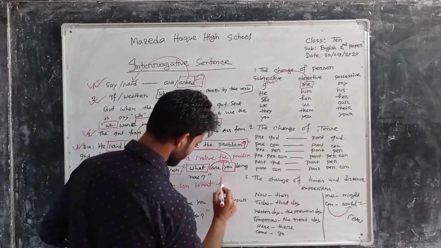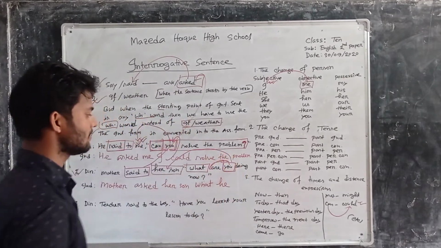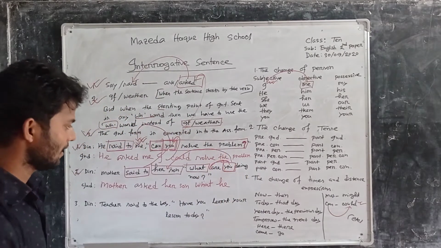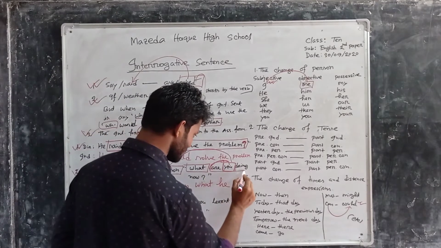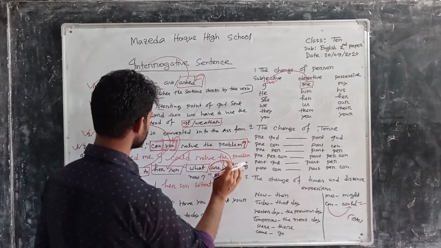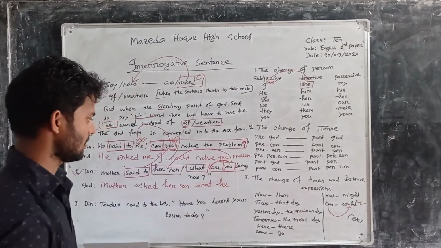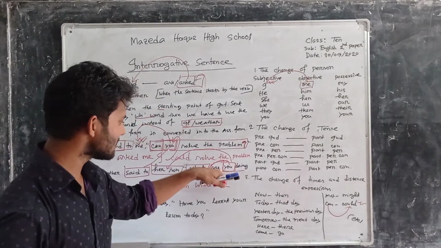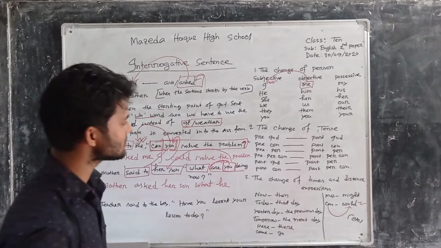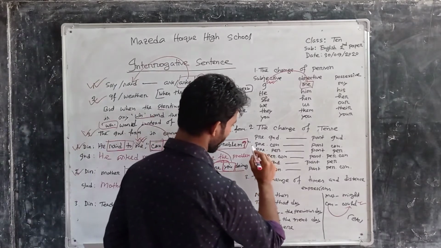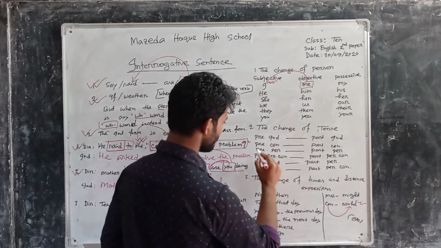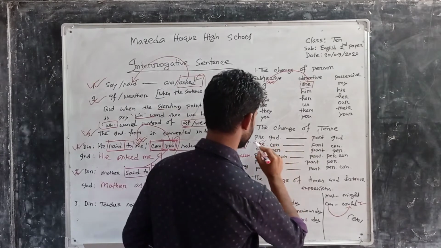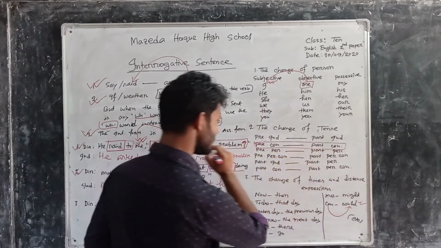So we use here he. Then we see this sentence is present continuous. As the sentence is present continuous, we have to convert it into the past continuous according to this change.